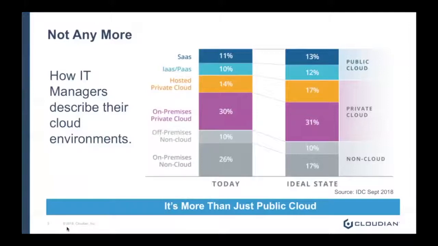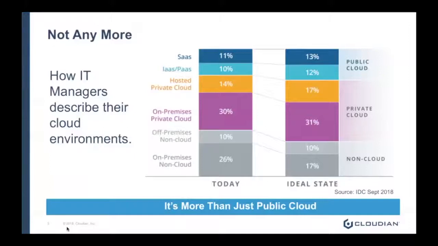So that means using one of those traditional public clouds in conjunction with an on-prem data center, or in conjunction with some other kind of hosted cloud where you've got a third-party provider, or perhaps running a private cloud in a colo somewhere.